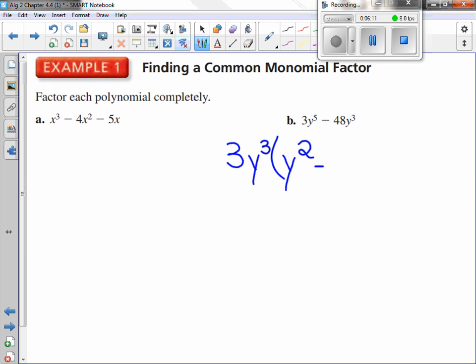Minus, well, 48 divided by 3 would be 16. We can do 48 divided by 3 in the calculator. Now, if I have 3 y's, I take 3 away, it reduces to 1. It simplifies out.